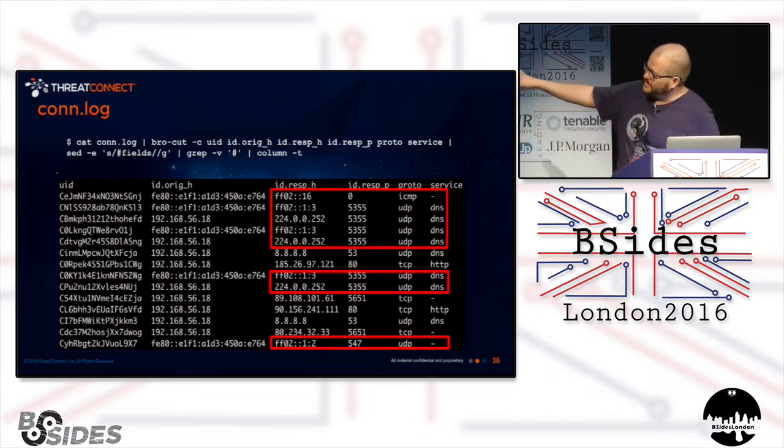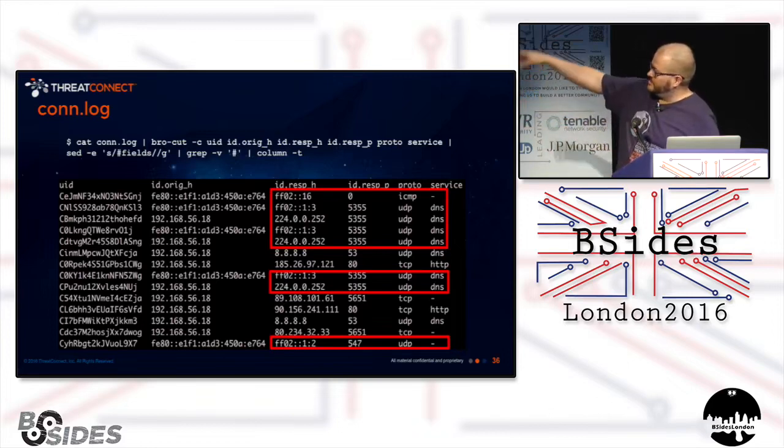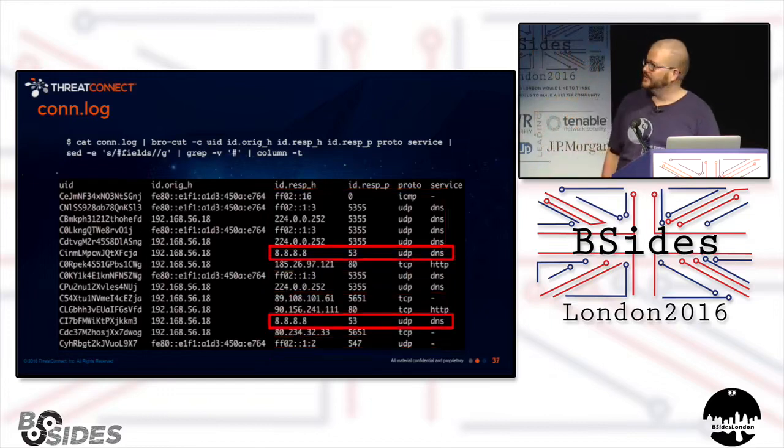So this is the operating system benign traffic. And so as you can see, there are some ICMP pings that occurred on IPv6. There's a little bit of IPv6 name resolution, local name resolution, and some broadcast traffic. So not worrying about this, I want to just ignore that.